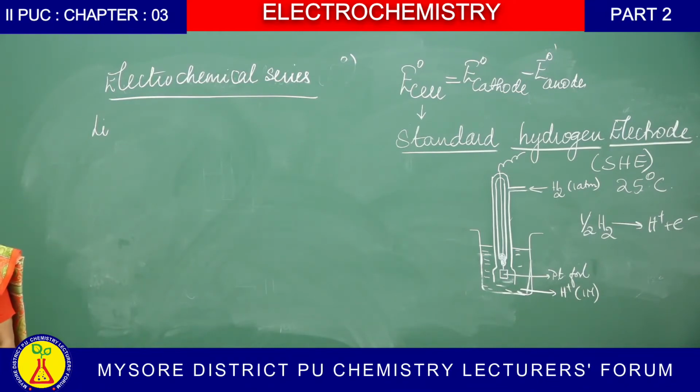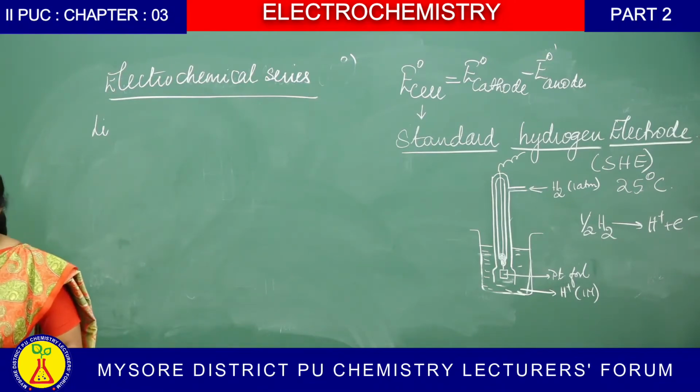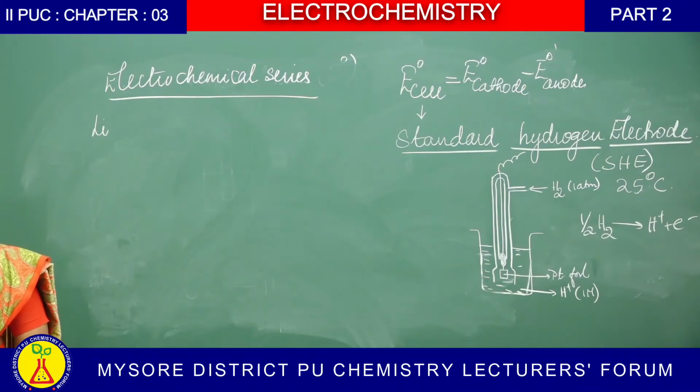If they become more positive, they act like oxidizing agents. So, the elements placed above hydrogen in the electrochemical series are good reducing agents, while those placed below hydrogen are good oxidizing agents.